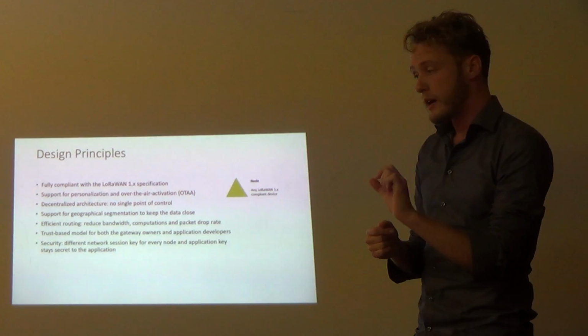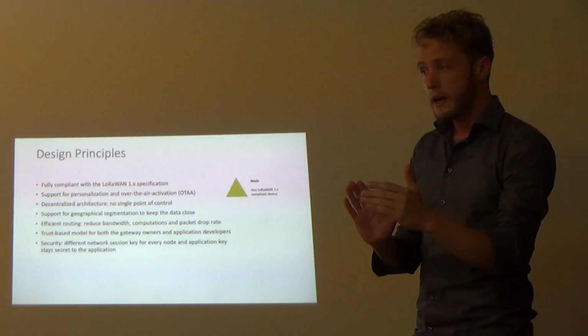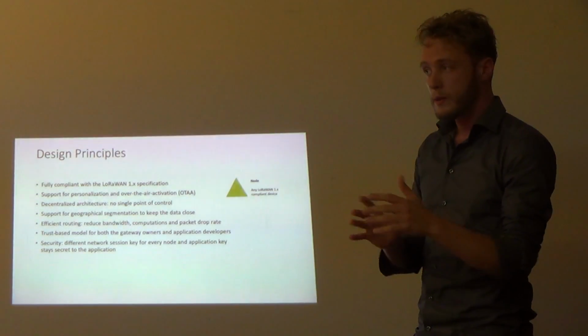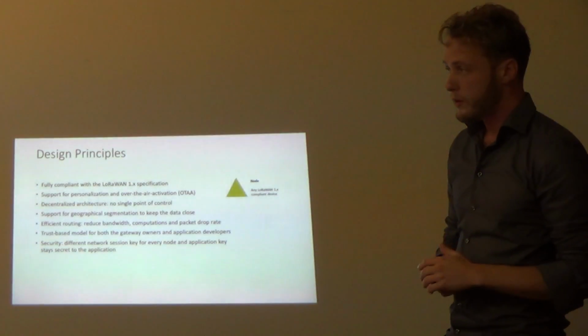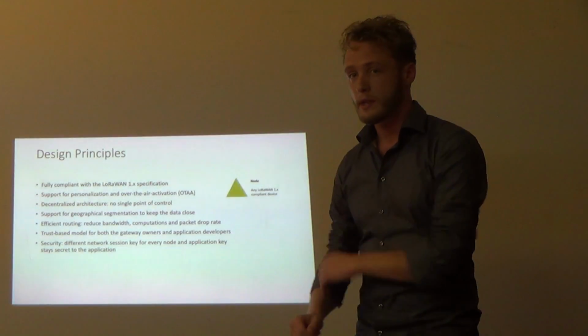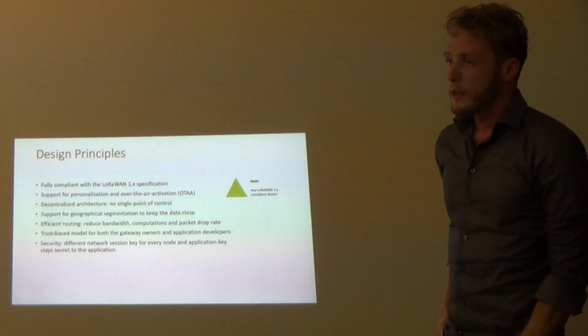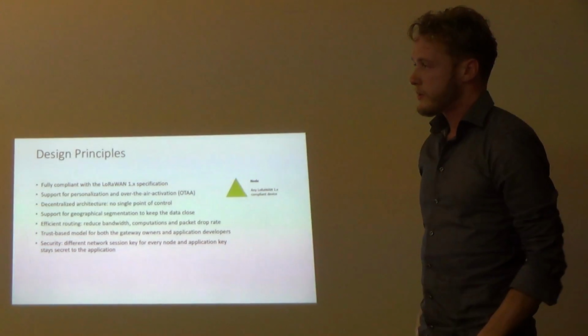In the device you only have a longer application ID and a longer device ID, which both are unique. At least the device ID is globally unique and the application ID belongs to one single application. And it basically activates over the network.